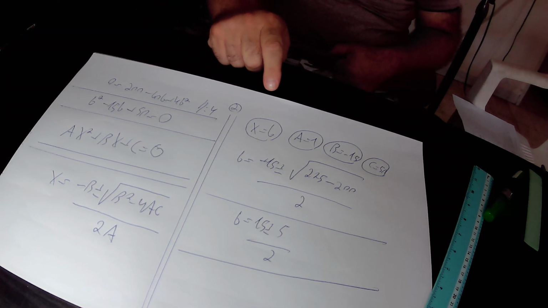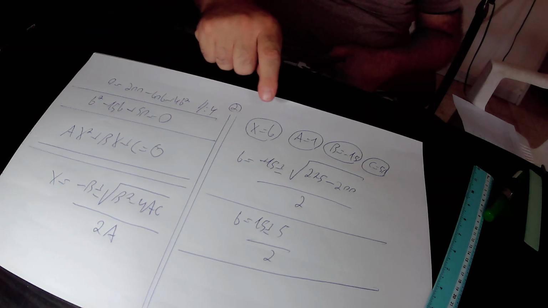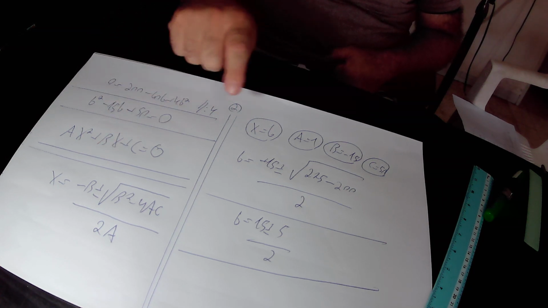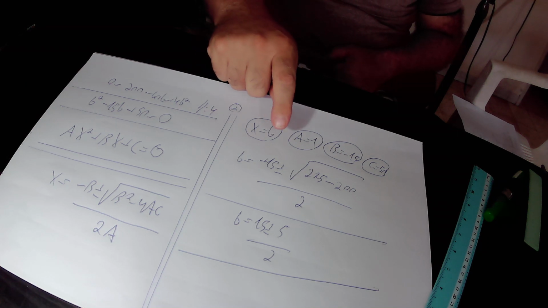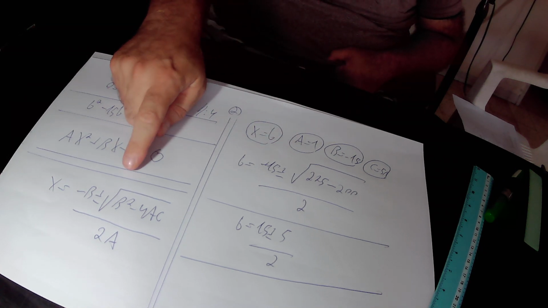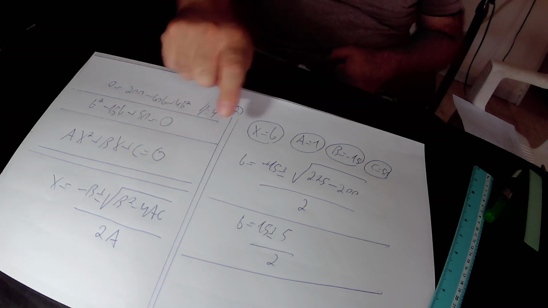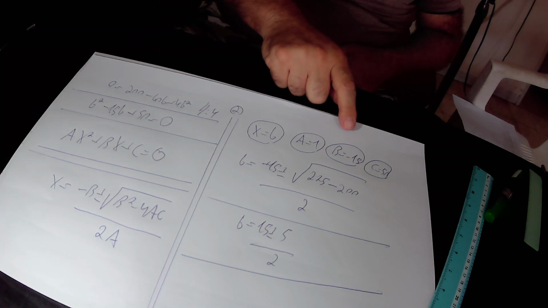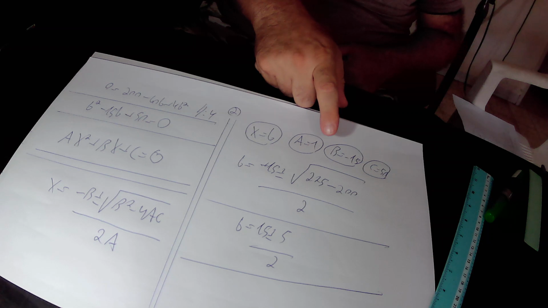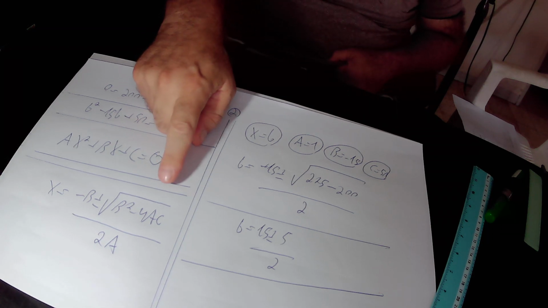We did it, and we substitute x by b, so b is equal to minus b, where b is minus 15, so minus b is minus 15, that is plus 15, plus minus square root of b squared. B is minus 15, so b squared is minus 15 squared, that is 225, minus 4 times a times c.